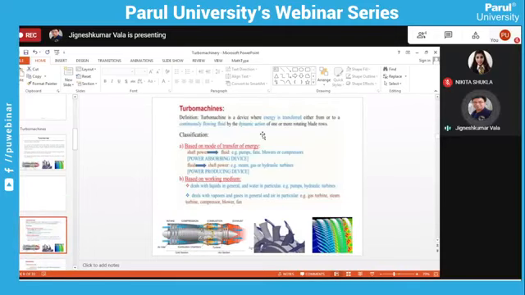As I told you, the classifications of turbo machines are based on the mode of the transfer of energy and on the working medium. The common examples are the pump, fan, blower or compressors. If, on the other hand, the flowing fluid has energy, and that energy is extracted by the moving blades, that makes the shaft rotate, and as a result power is produced.